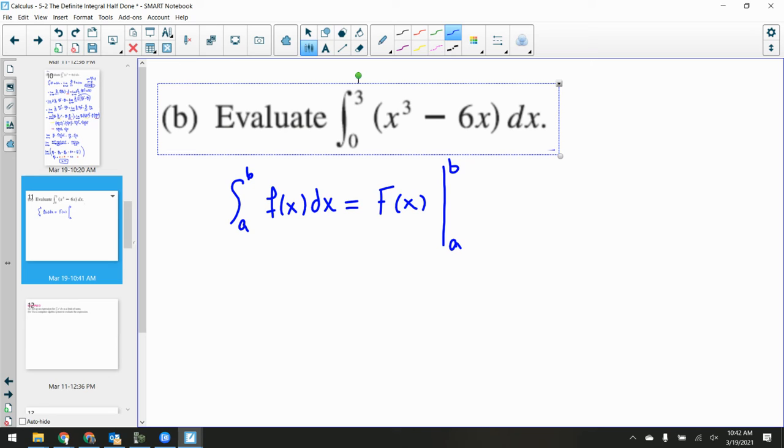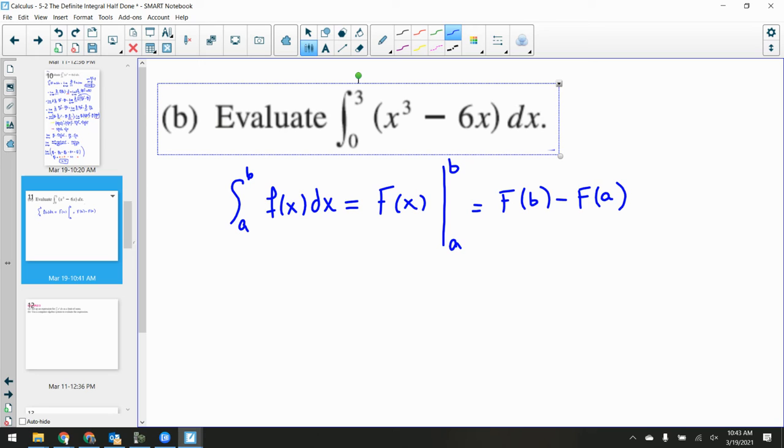The antiderivative. What's this vertical line business then? That vertical line is a notation that says F of b minus F of a. So you mean to tell me that if I find the antiderivative, and then I plug in 3, and then I plug in 0, that the difference of that gets me all the way to the end of the other problem?